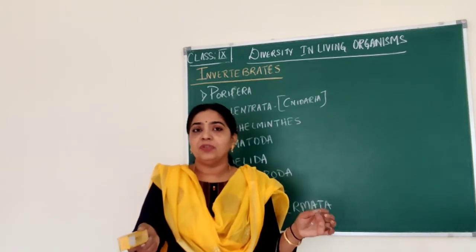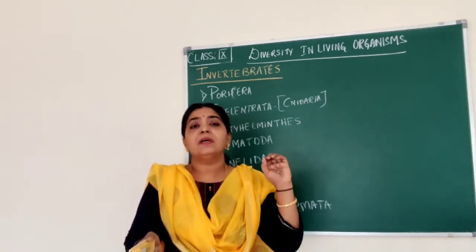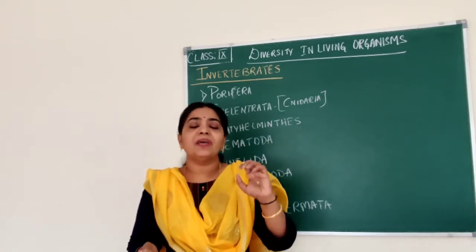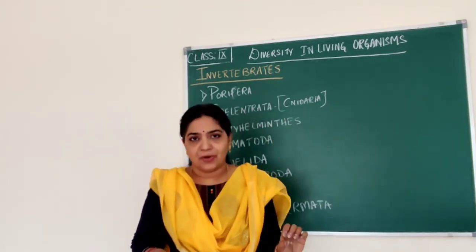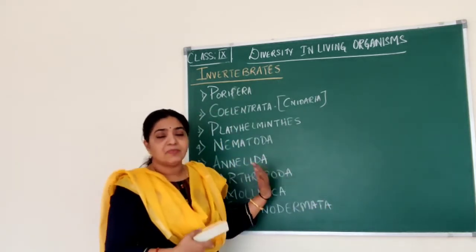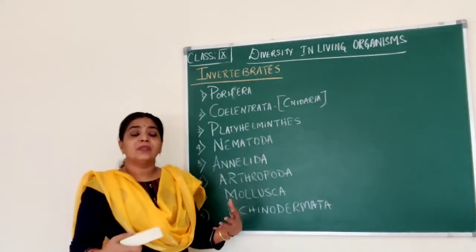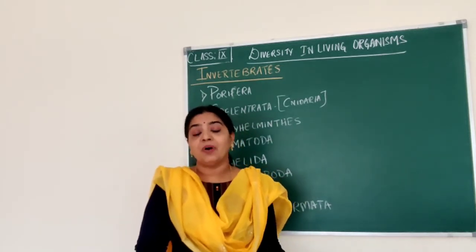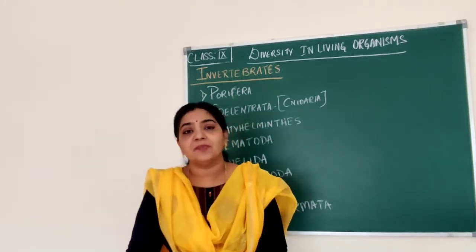So what is evolution? You know very well. Evolution is a gradual, slow change from a simple organism to a more complex organism, right? When we read about them, we come to know how the organisms are formed, how the tissues are formed, how the organs are formed, and how the organ system is formed.